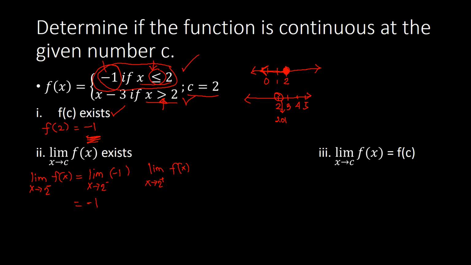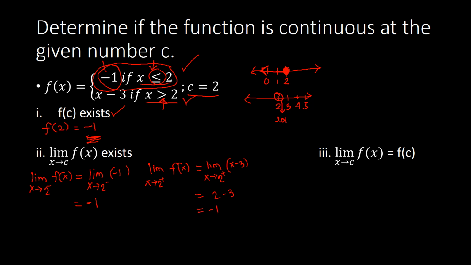So we will be utilizing in our right-hand limit the limit of x minus 3 as x approaches 2 coming from the right side. Since this is a linear function, we are going to simply plug in the value 2. So we have 2 minus 3. This is equal to negative 1.